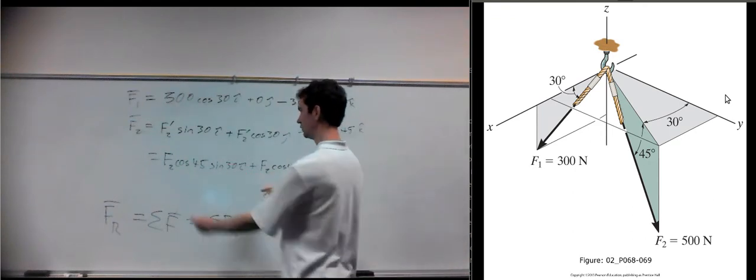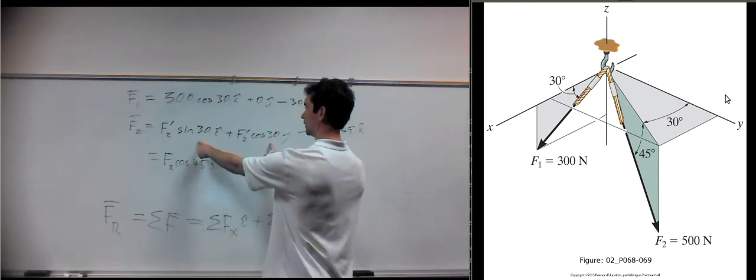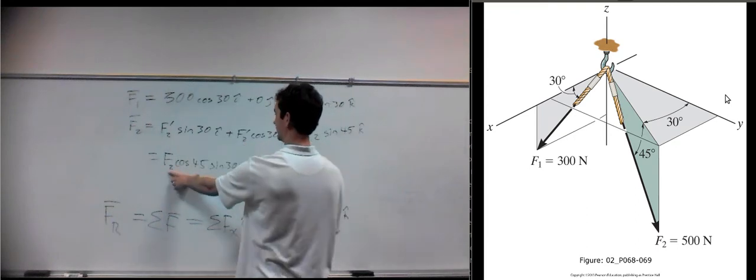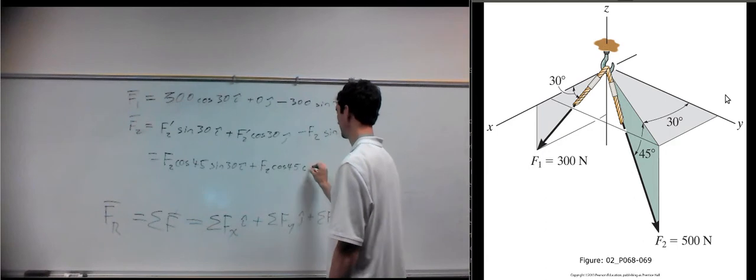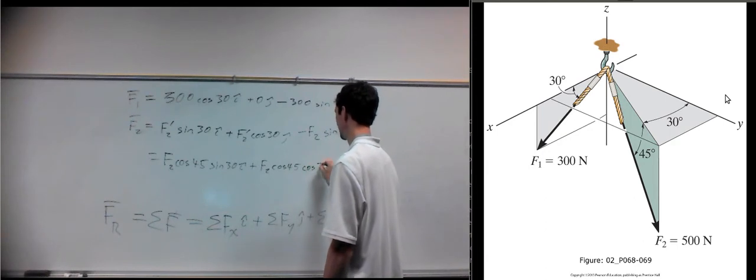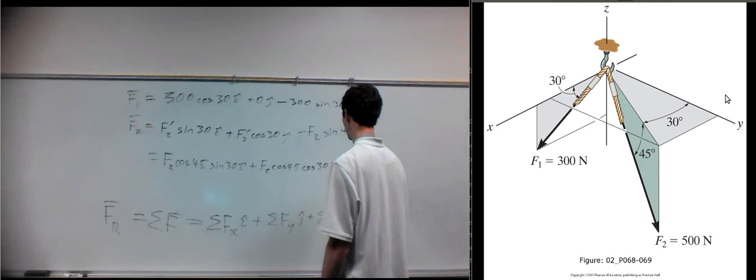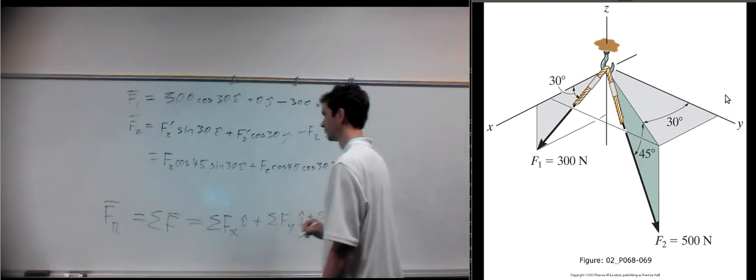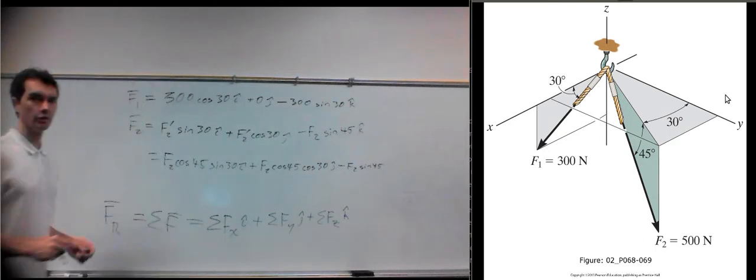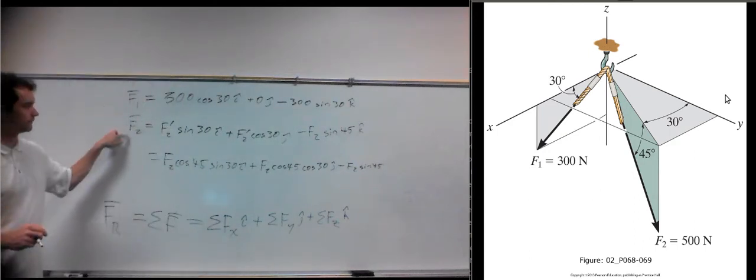It's the same value in the x and y components. F2 cosine 45, F2 cosine 45. And then to get the y component of F2 prime, we multiply by cosine of 30. So now we have the Cartesian components of F1 and F2.